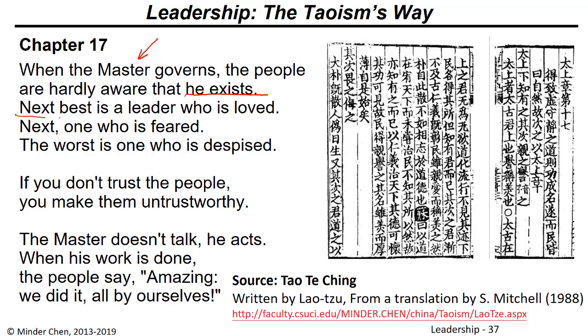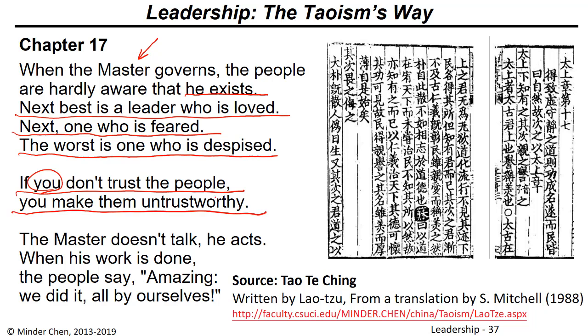Next best is a leader who is loved. Next is one who is feared. The worst is one who is despised. And if you don't trust the people, which we're referring to the leader, you make them untrustworthy.